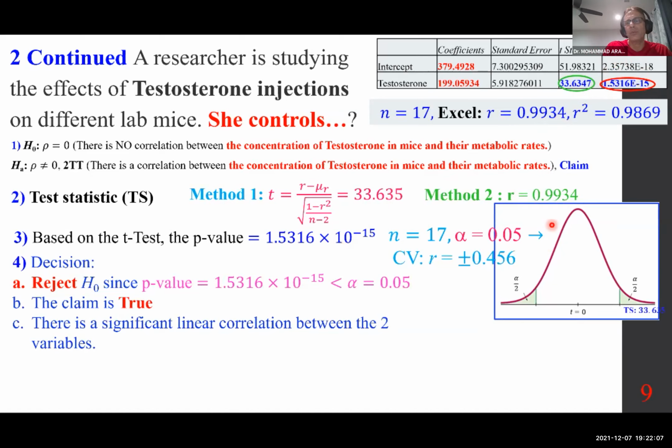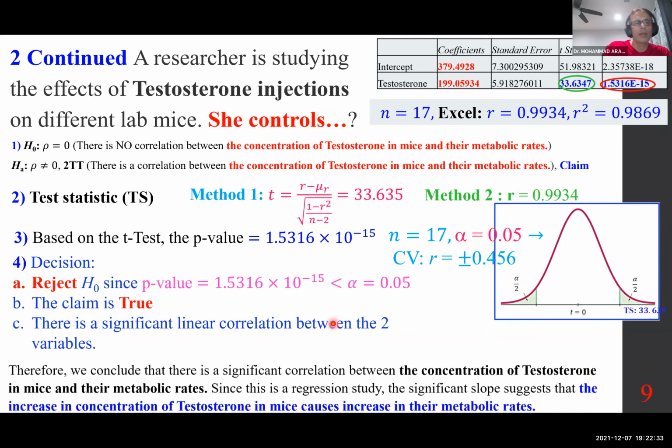If we want to go with the second method, also this number is way larger than 0.456. So if you are rejecting H0, then what are you accepting? Loosely put, HA, the claim becomes true, and therefore there is a significant linear correlation between the two variables. What does it mean?